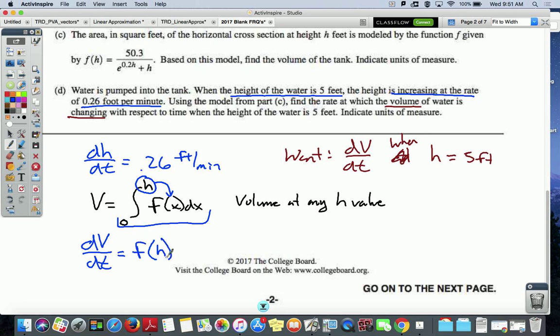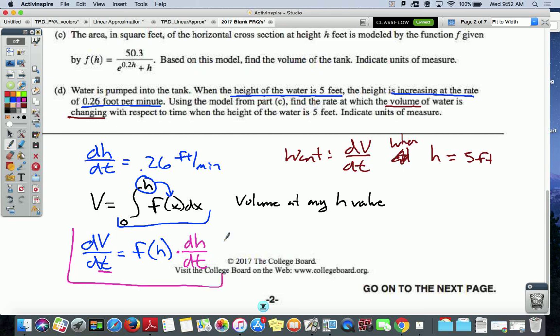But now here's where it gets really tricky. The h technically is a different variable than our t, and we're taking the derivative with respect to t. So I need to do a chain rule, which we sometimes have to do on that second part of the fundamental theorem of calculus, and now I'm going to multiply by dH/dt. This becomes my formula for dV/dt.